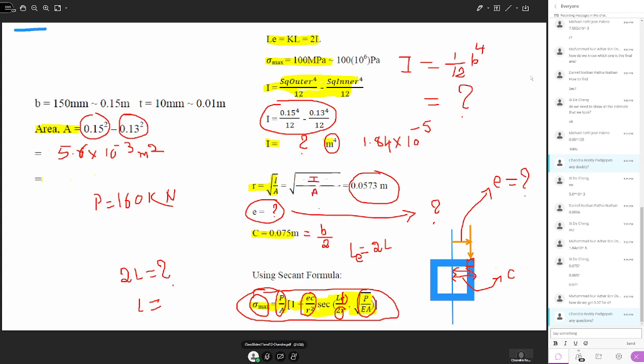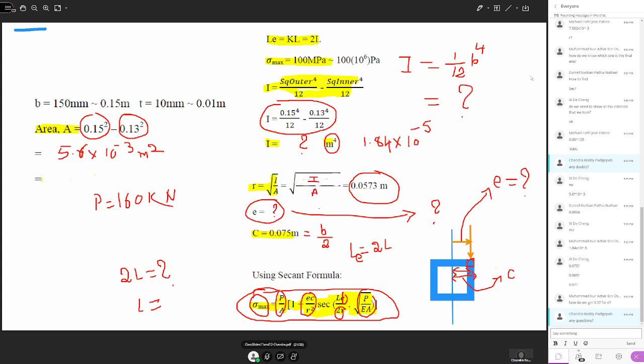From the neutral axis, the whole breadth is 150 mm. The neutral axis passes exactly through the center of the hollow square, so from one end to the neutral axis is 0.075.